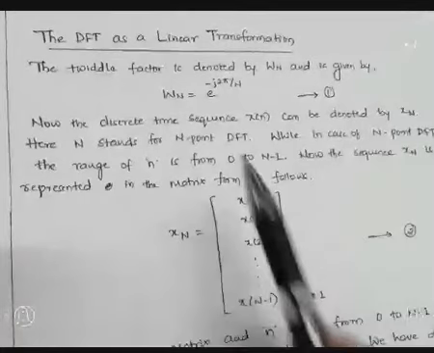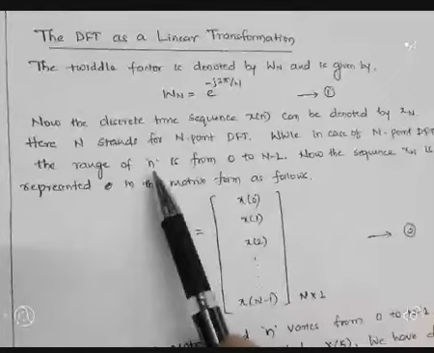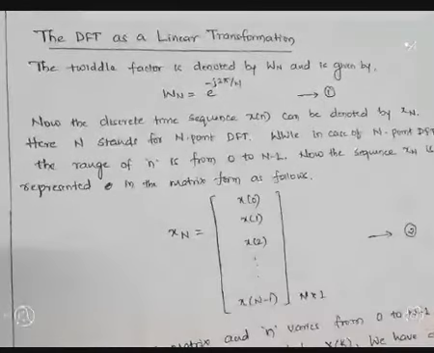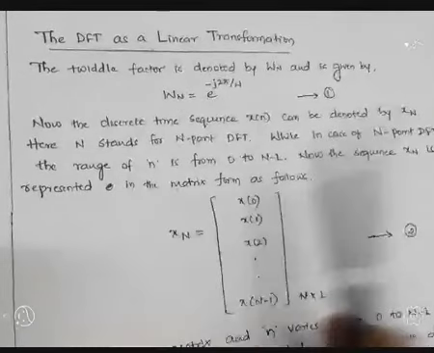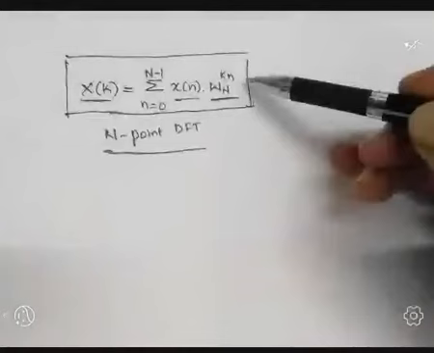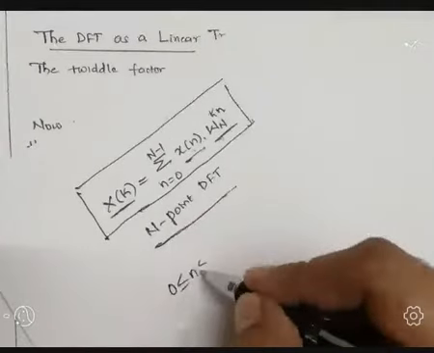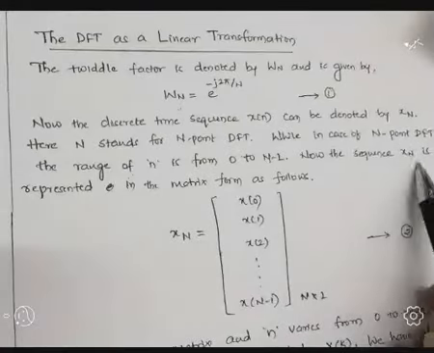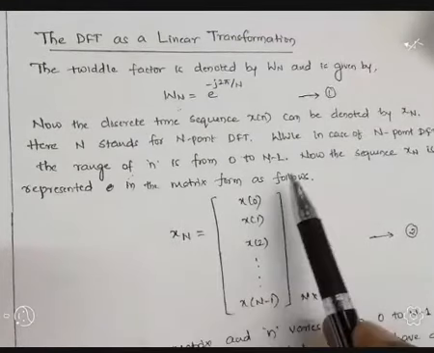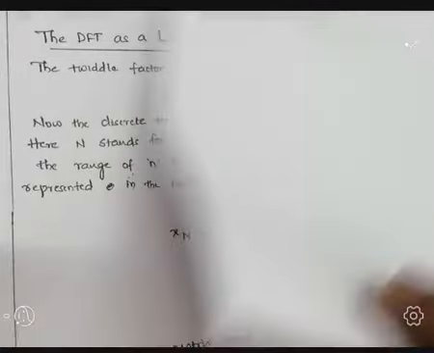In the case of N-point DFT, the value of n varies from 0 to N minus 1. So now the sequence x_N is represented in the matrix form.